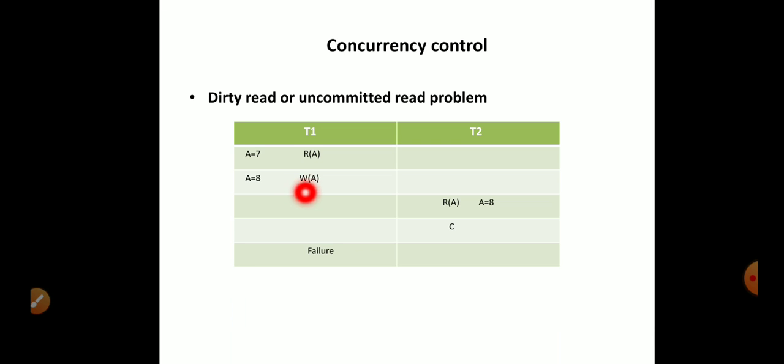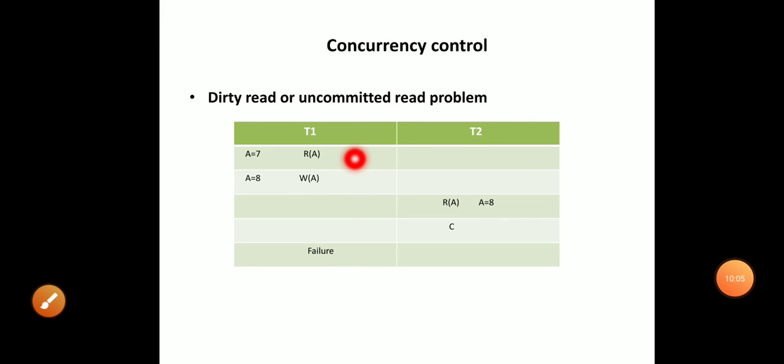Next one is the dirty read problem, or uncommitted read problem. A dirty read is a situation when a transaction reads data that has not yet been committed. Let's take the same scenario, T1 and T2. First T1 reads the value of A as 7, and after some time transaction T1 writes the value of A as 8.